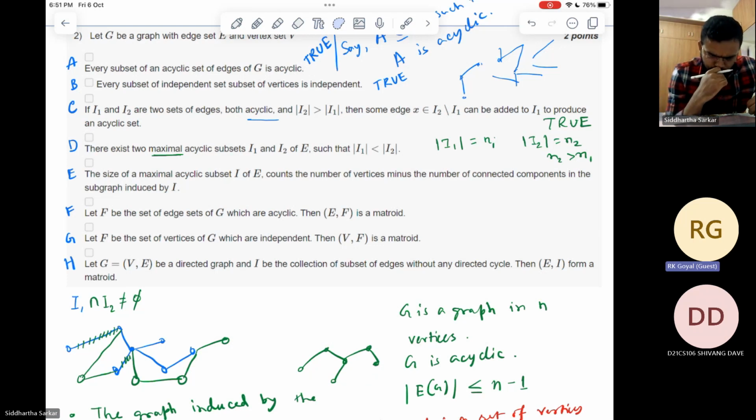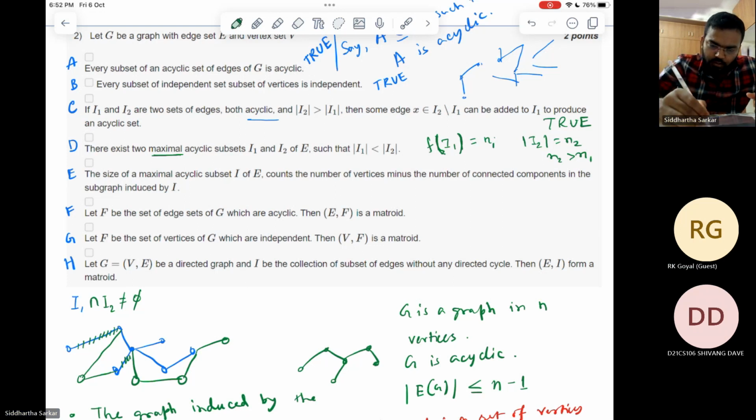So I said that in I1, say there are n1 vertices. No, this is not the cardinality of I1, but the number of endpoints of the edges in I1 is N1. That's what you're saying. Yes. Fine. So let's say I define a function f. f of I1 is N1, meaning the number of vertices, the endpoints of I1, is denoted by f of I1.